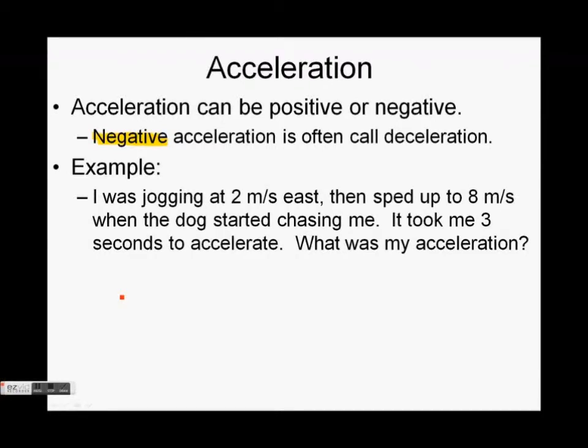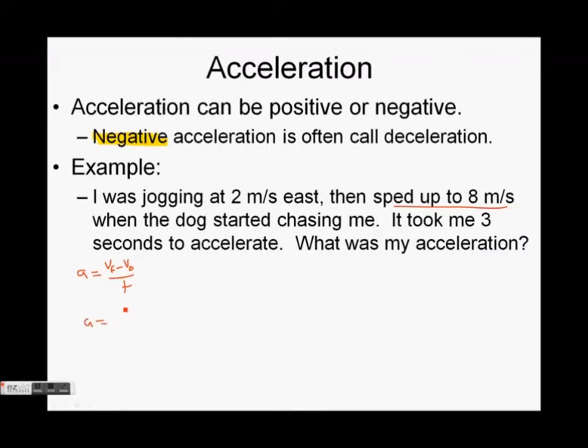I was jogging at 2 meters per second east, then sped up to 8 meters per second when the dog started chasing me. It took me 3 seconds to accelerate. What was my acceleration? Again, your formula: acceleration equals final velocity minus initial velocity divided by the time.